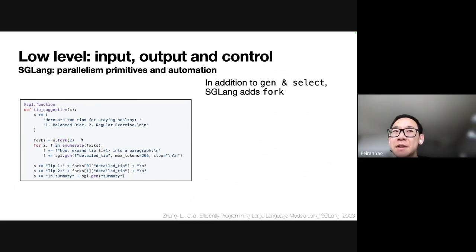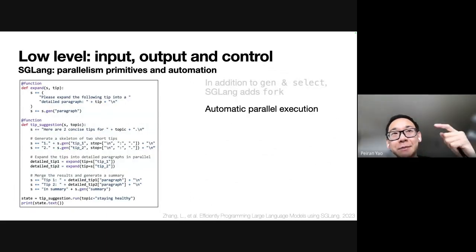It can be done in parallel to be more efficient. And SGLang provides some compilation that analyzes the data flow of your program, finds what can be run in parallel automatically, and does them without your intervention.